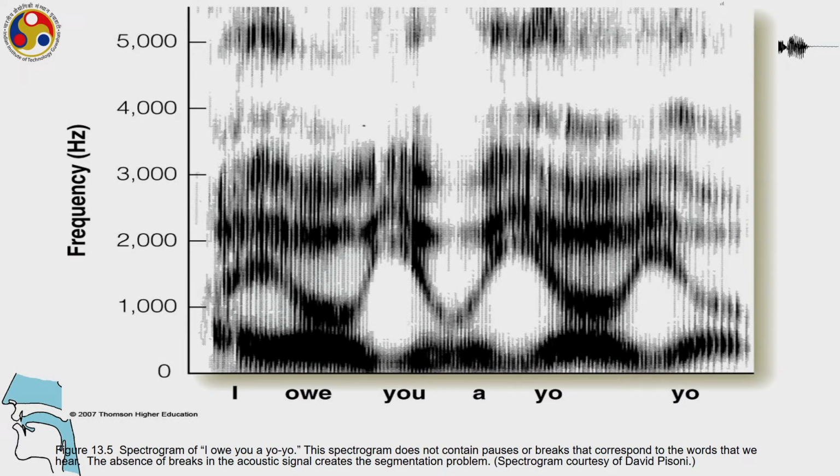As we already studied, these are gestures, movements from one target to another, and before the completion of one target, the movement for the second target already starts, which results in issues of variability and co-articulation. This is a spectrogram of I, O, U, or yo-yo. There are no pauses or breaks between the words, and the absence of breaks in the acoustic signal creates the segmentation problem.